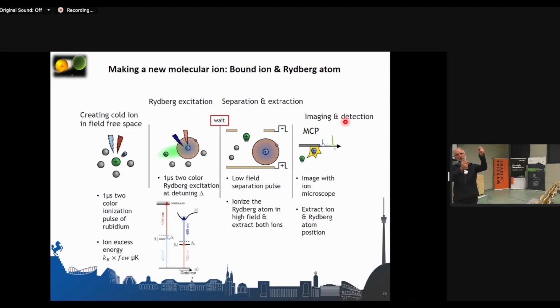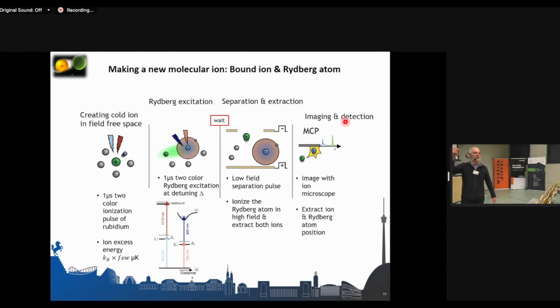You first accelerate the ion in a low field a little bit towards the detector, which is on the right side, and then you field ionize the Rydberg atom. Then you have a huge electric field, a huge slope, and that means the Rydberg atom ion will overtake the other one as it flies through the microscope. That's what we observe.